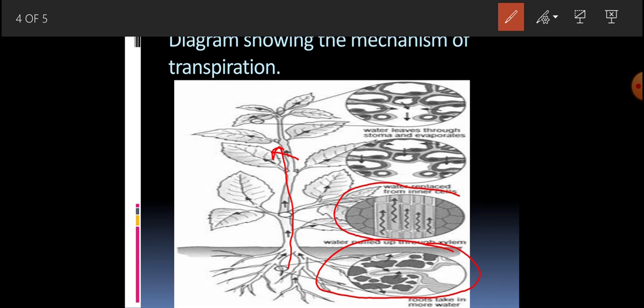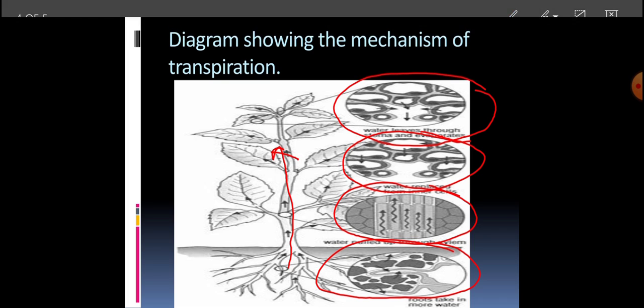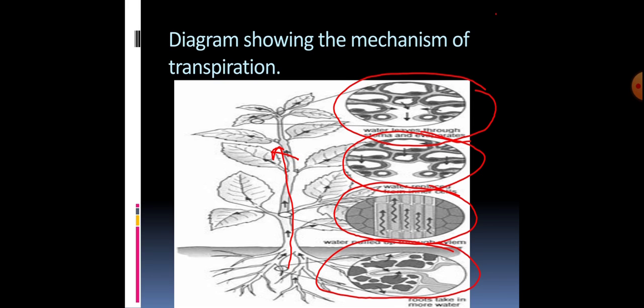These are stems where the xylem vessels are shown, through which the water moves in an upward direction. These are the stomata, where the transpiration occurs. Okay students, in this way transpiration occurs.